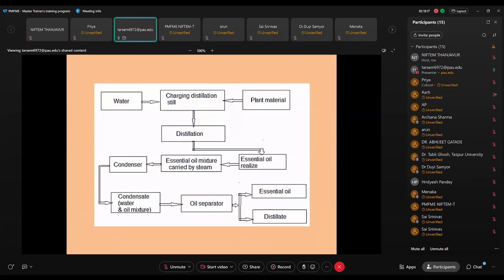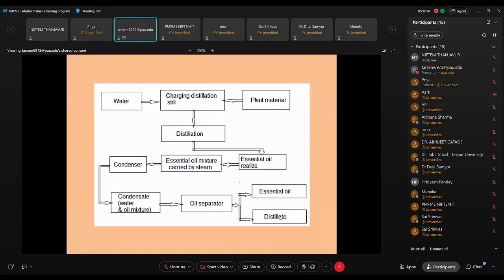Due to their boiling point difference, water boils at 100 degrees Celsius and the oil at 60 degrees Celsius, and in the distillation still both are converted into vapors. During condensation both will be condensed, but they will form different layers. Oil is the upper layer, water the bottom layer, and that bottom layer is separated in the oil separator, and we get the essential oil and distillate.